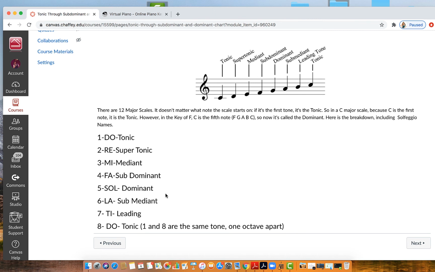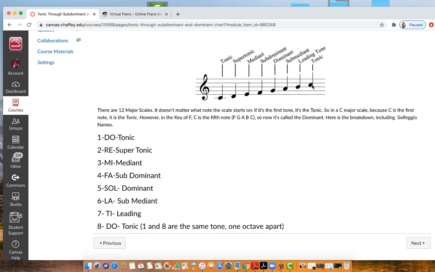All right. And the leading. Number 7 is called leading because it leads right into our main tone. If we did this, it wants us to lead to the end.